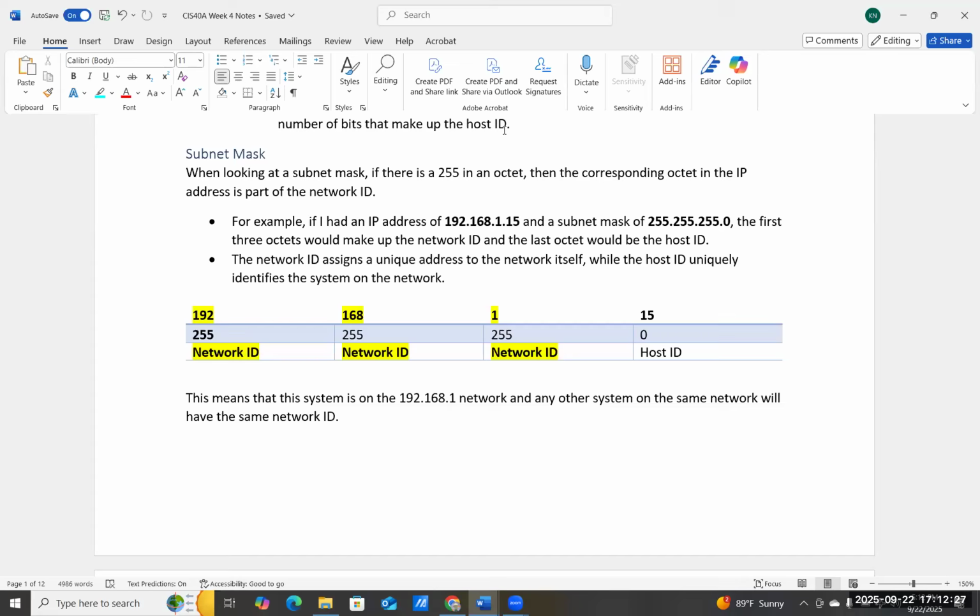When the router looks at the subnet mask, it knows this is the network it needs to get to. From that point on, the switch looks at the table and says it needs to send it to the MAC address that has the associated IP address, which is number 15. So whenever you see a default class address, the 255 represents the network ID.